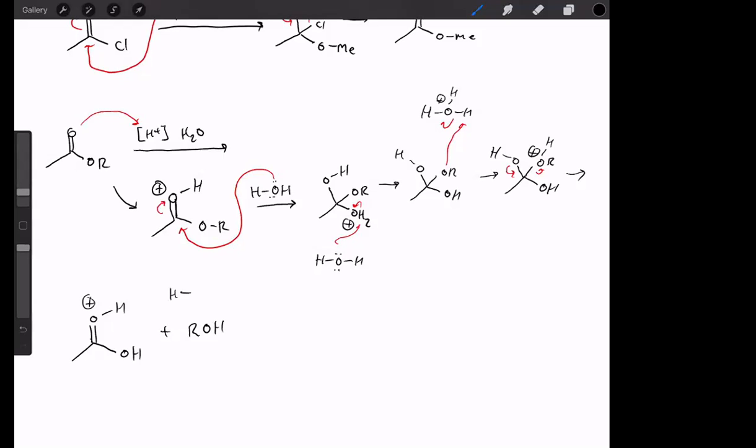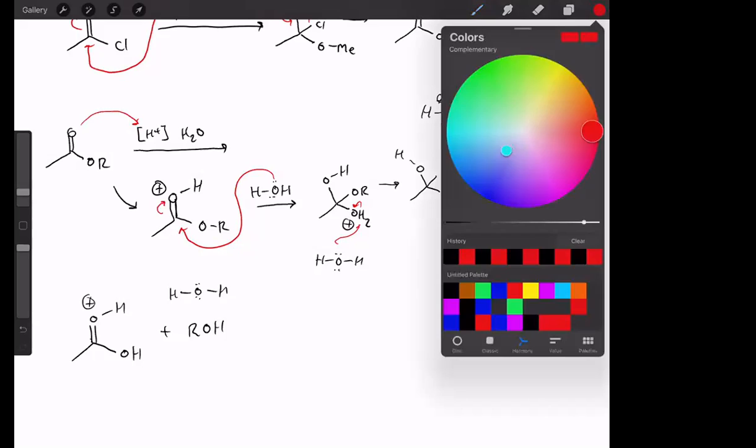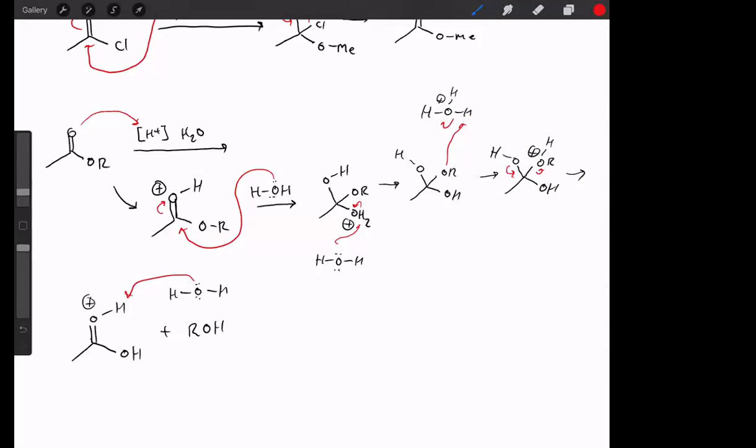And now I can do another proton transfer to form the neutral carboxylic acid. Now, this is the mechanism for hydrolysis of an ester.